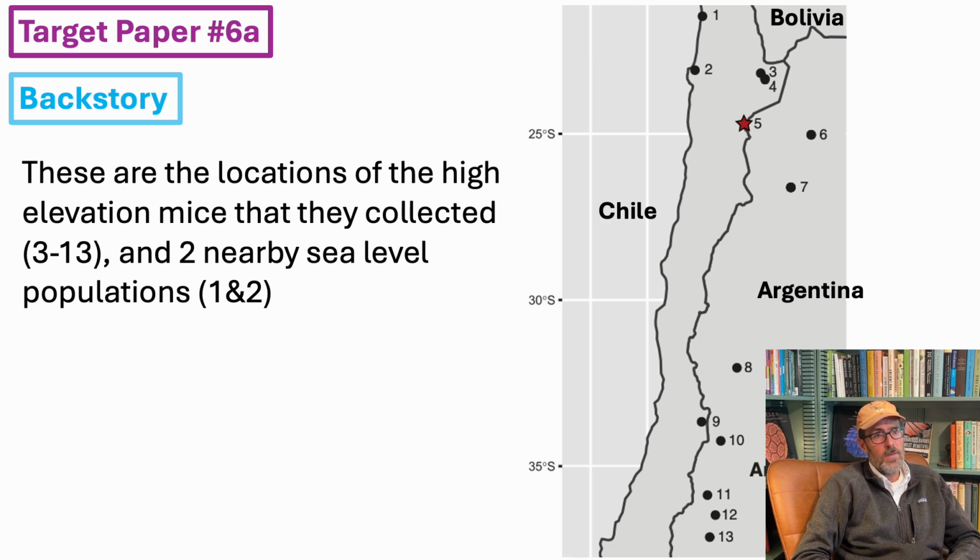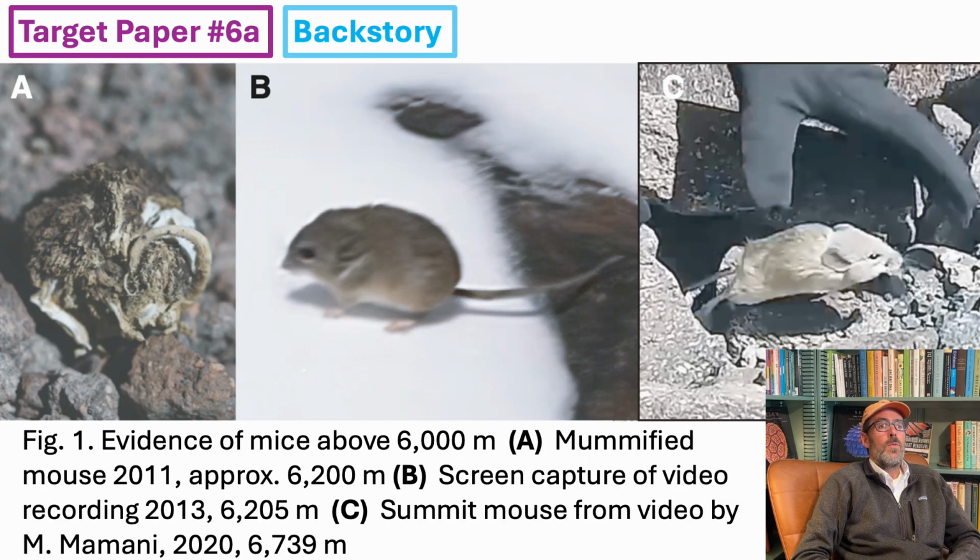Number 5 is the Mount Llullaillaco that I showed you pictures of already. So they're close by to 1 and 2. So they've got pictures of mice actually living up there, and they've got mummified mice, mice that died up there. So it's pretty much indisputable that mice are living up there somehow.